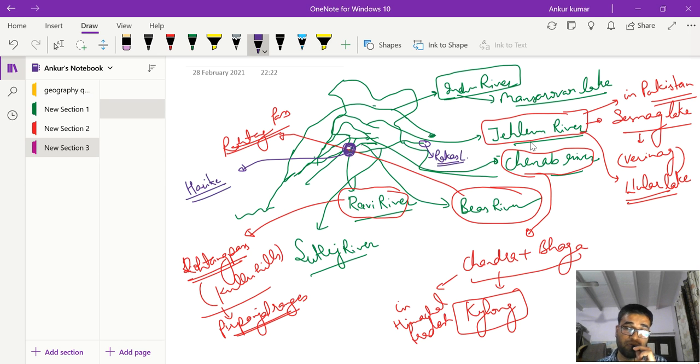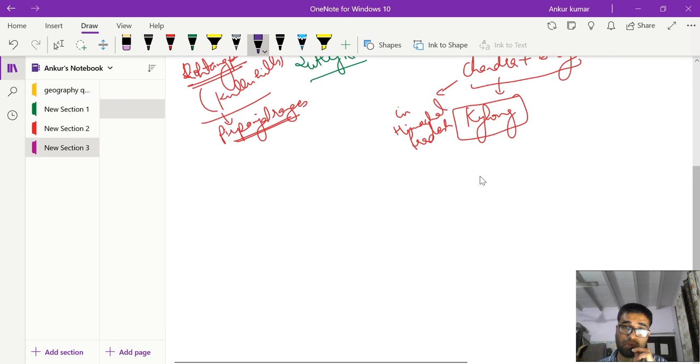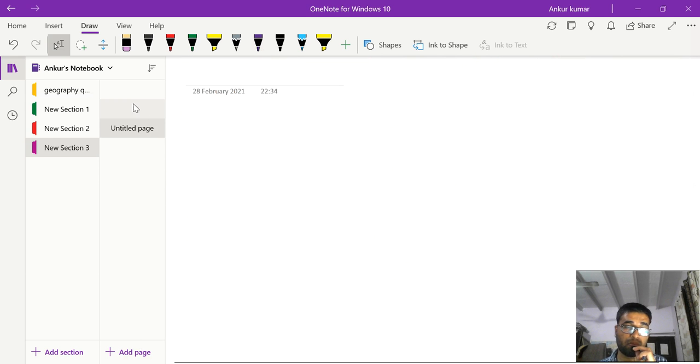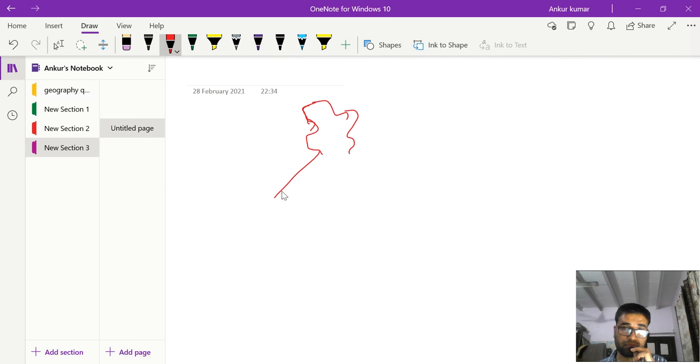From this meeting point, we have a canal. Let us take a different page. So this was the Rakas Lake. From here the Satluj enters India.